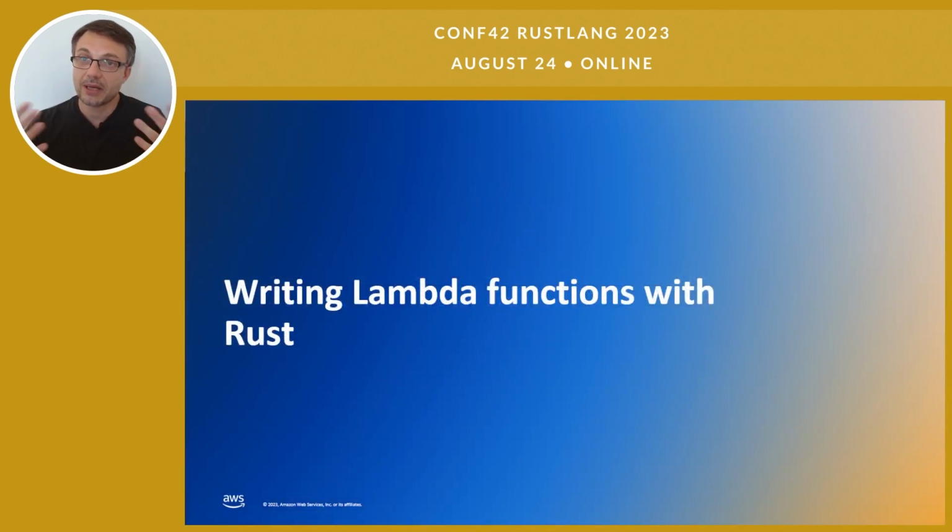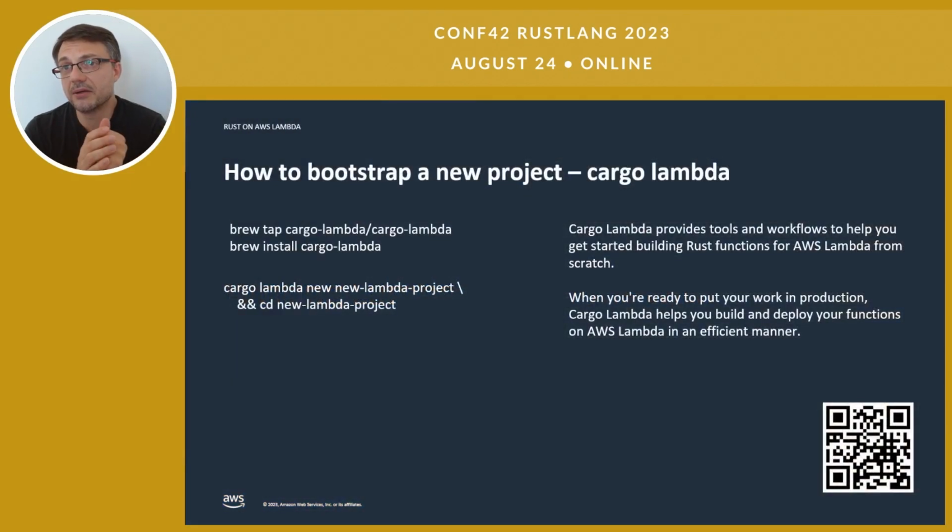But how can you start? For example, you know Rust, but you want to create some functions in Rust. How can you do that? I personally recommend you look into a tool called Cargo Lambda. It is an extension for our Cargo tool.